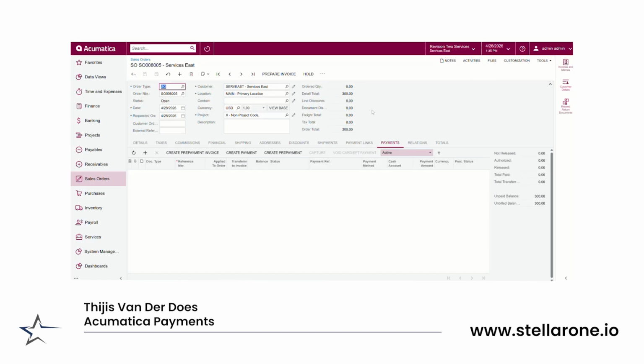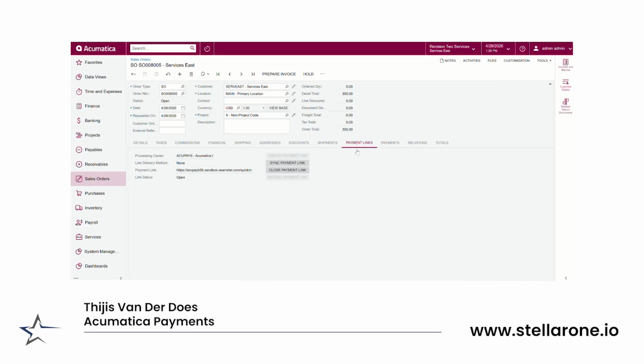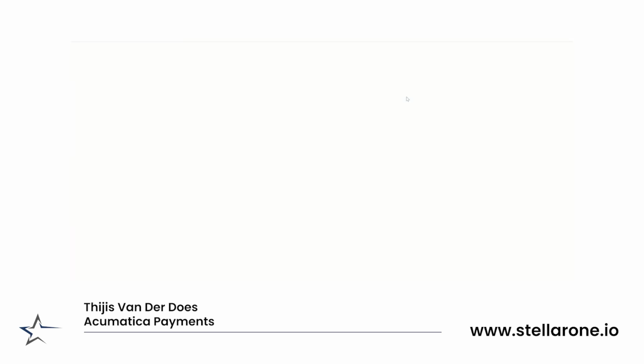The second option that we have here is payment link. We call that quick invoice. Let me print that sales order real quick to show you what your customer will experience. On the sales order, there will be a QR code and a hyperlink that your customer can click to pay or scan to pay.